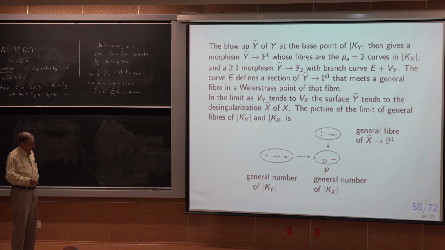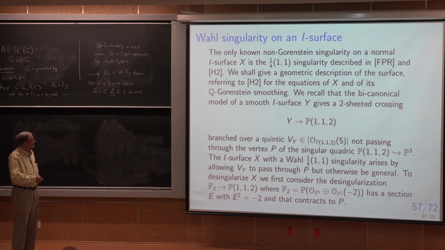Well, let me back up just a second. So we have this Wahl surface with a singularity, and we allow the quintic to pass through the vertex, otherwise it's general, and you desingularize the limit by this construction here.